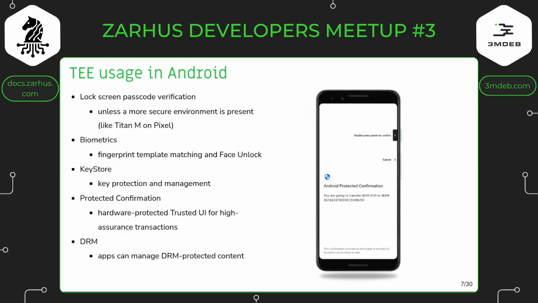So here we have a couple of examples of trusted applications we can use in Android. As we said already, we use them for critical security areas, such as lock screen passcode verification. So whenever we provide a PIN or a fingerprint, so the biometrics, or the face unlock with the camera, there are dedicated trusted services for each of those actions.